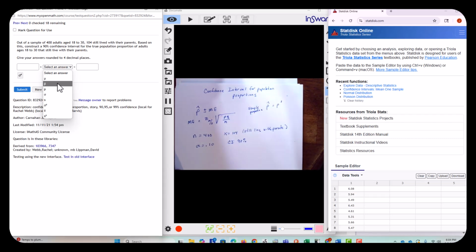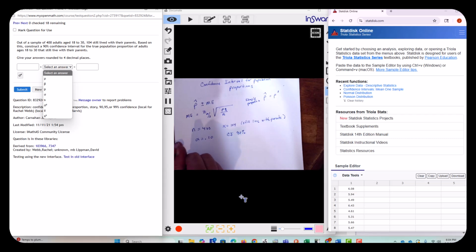P hat is your sample proportion, which is going to estimate your population proportion, which is what is going to be in your interval, simply equal to P, not P hat.